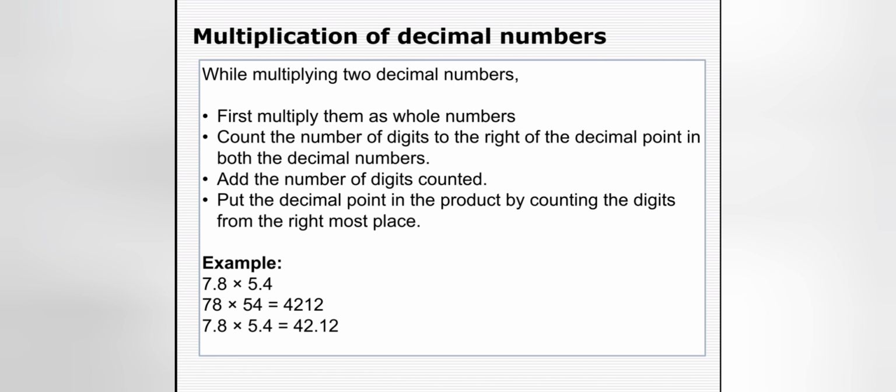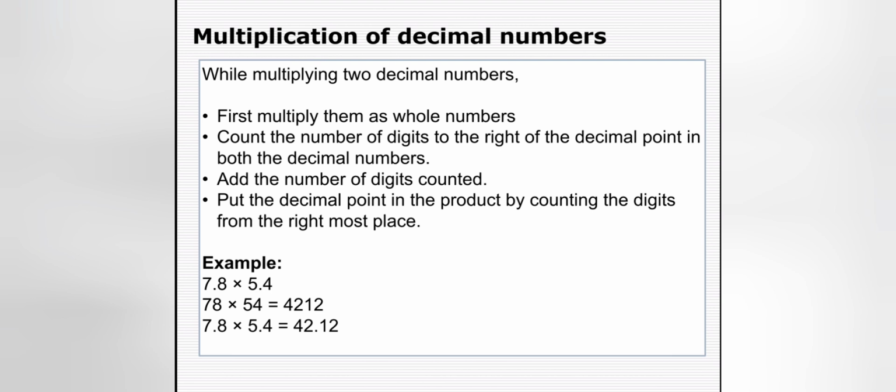Count the number of digits to the right of the decimal point in both the decimal numbers. Then add the number of digits counted and put the decimal point in the product by counting the digits from the rightmost place. Let us understand this by one example.